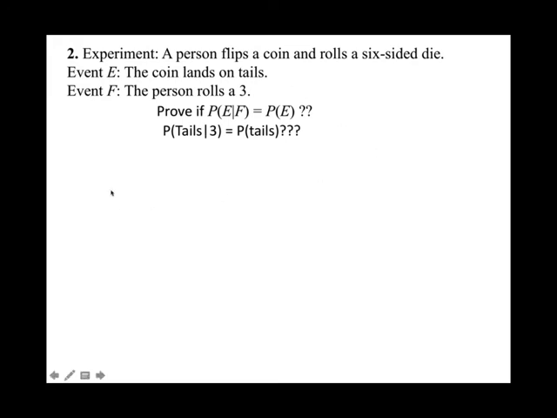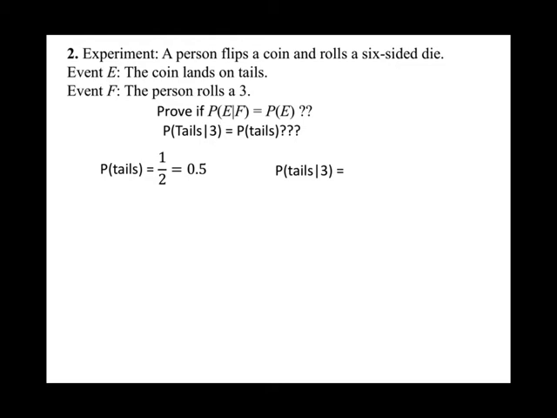Okay, so first, we want to find the probability of getting tails. We only flip the coin once, right? So the probability of getting tails will be 1 over 2. 1 tail over 2 outcomes, head or tail. So that will be 0.5 here. Okay, how about the probability of tails given that the die is going to be 3?